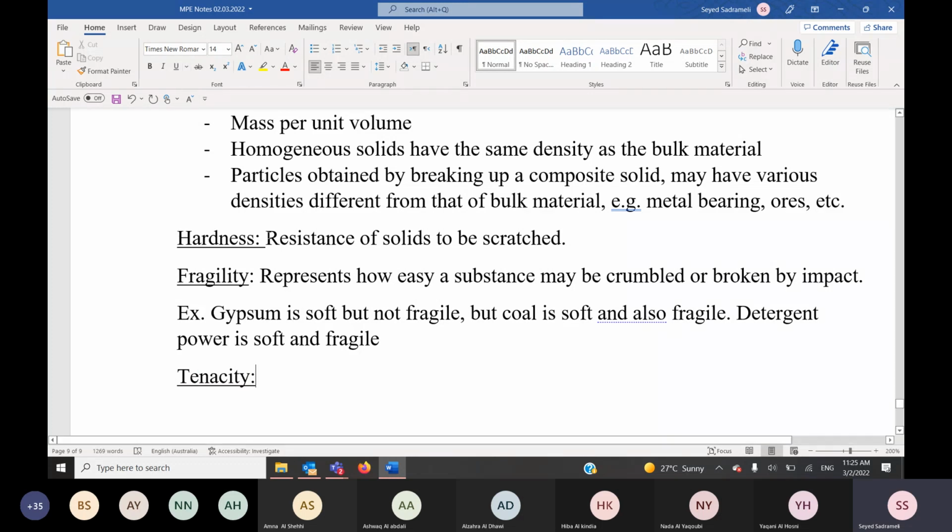Tenacity is resistance to collisions, which is also different for particulate solids and the bulk material. So we call tenacity a resistance to collisions.